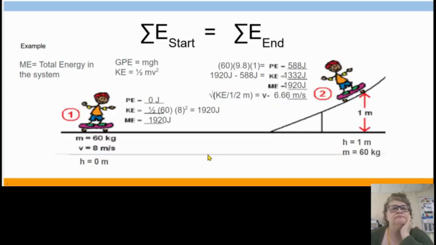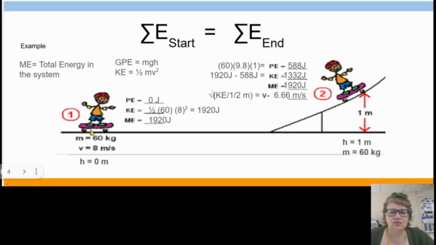The best way to understand this is to actually work with it. I have a picture, and in that picture, I have a boy, or maybe it's a girl, I don't know, on a skateboard, going across the sidewalk until they get to a hill.